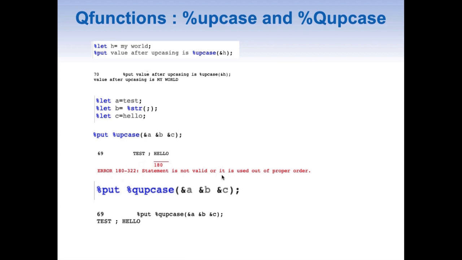That is why we have an error in here. To avoid this kind of error, all we need to use is %qupcase. What this does is it does upcase and also it does quoting. Because of this quoting, it masks the semicolon, and the semicolon is treated as text. And when we do this %put, now we don't see any error in here. Regarding the quoting functions, I have made a very long video of close to 45 minutes, and the link for the same I will give in the description below.